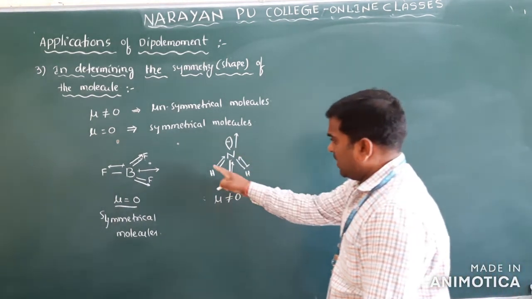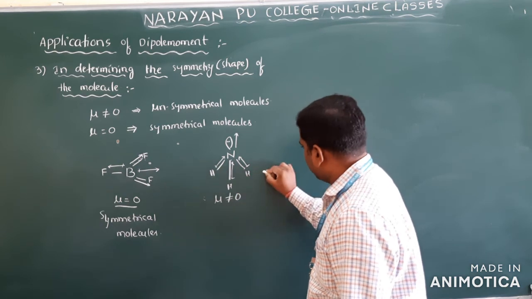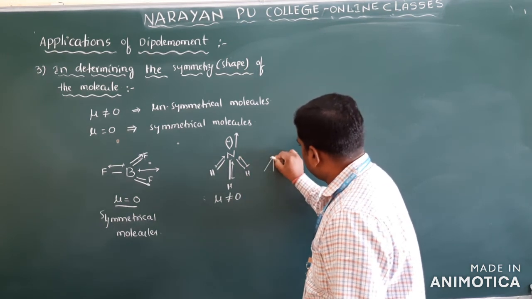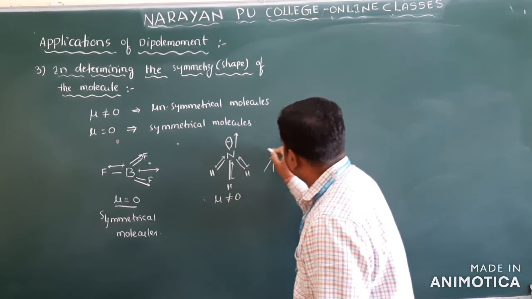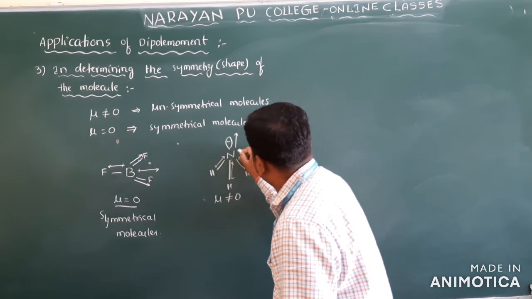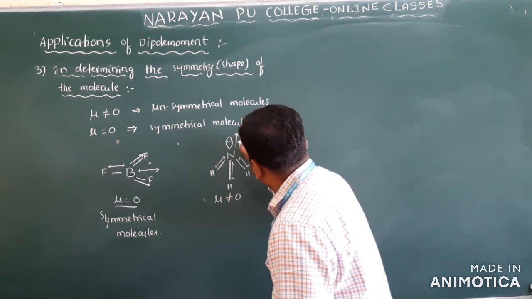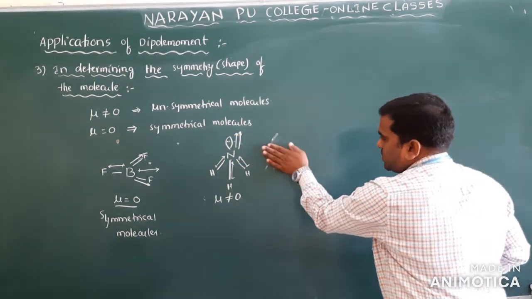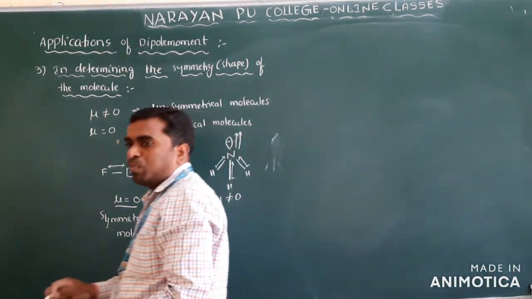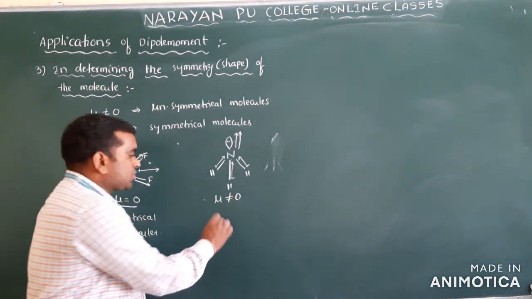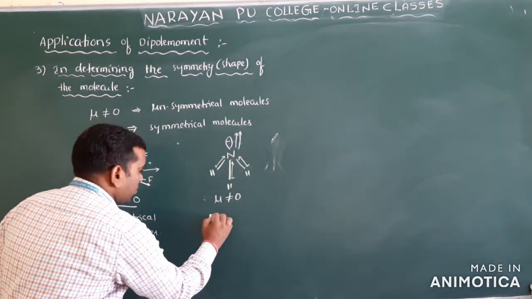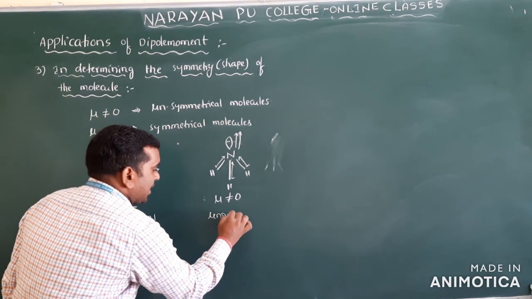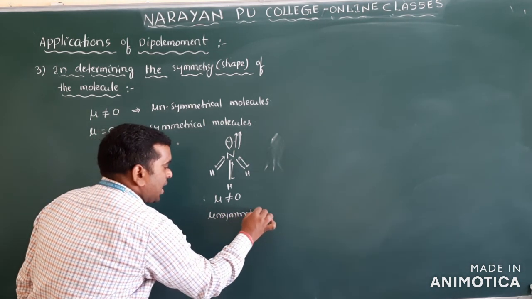So what will happen? What will be the resultant for these three? These three resultants will be like this, so the resultant will be added to the dipole moment of the lone pair. That's why it will have some dipole moment. It means the dipole moment for this molecule is not equal to 0, and those molecules we call unsymmetrical molecules.